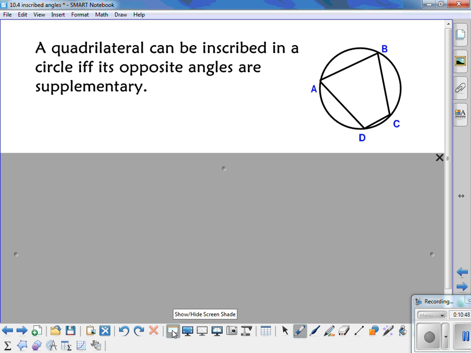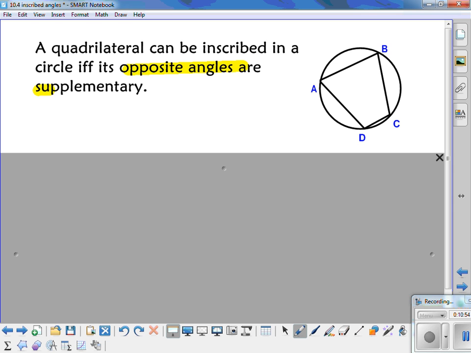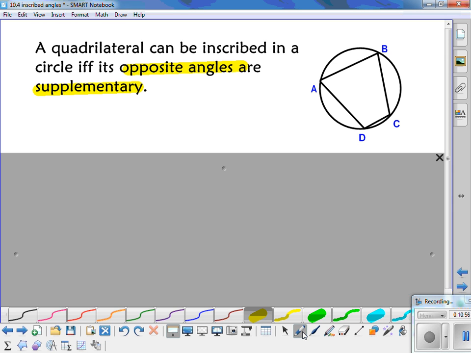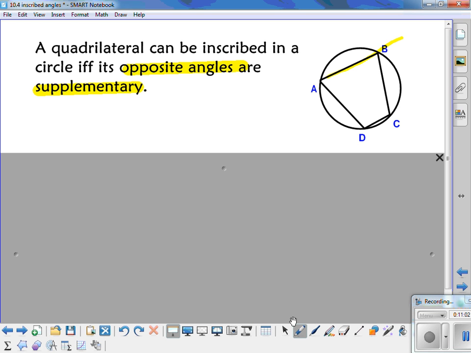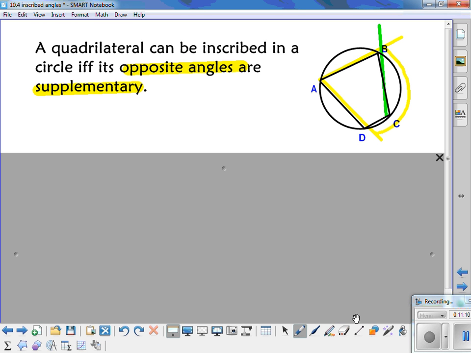Okay, so a quadrilateral can be inscribed in a circle if and only if its opposite angles are supplementary. Which again, if you think about it, logically makes sense, because for instance, if I have angle A, it's intercepting this much of the circle, and then angle C, which is opposite, is intercepting the rest of the circle.